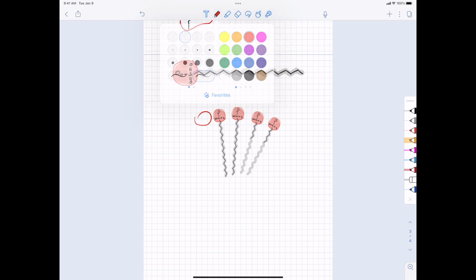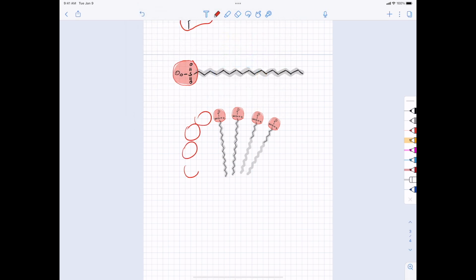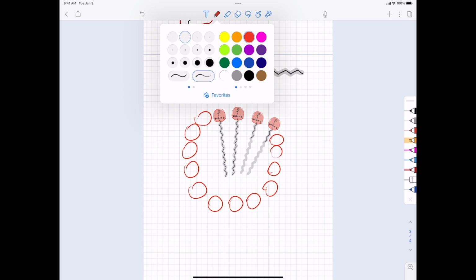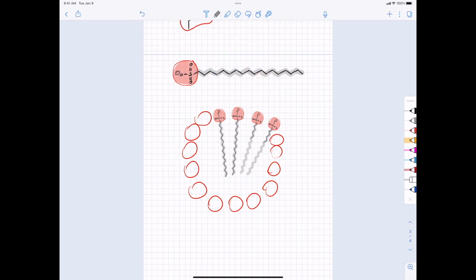Orienting the polar groups towards water and the nonpolar tails towards the inside, circling the wagons, so to speak. And you end up with what's called a supramolecular structure, a structure of multiple molecules. It's called a micelle.